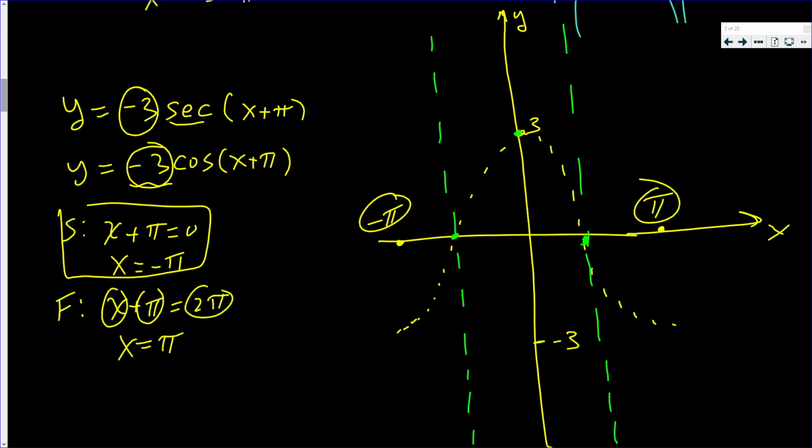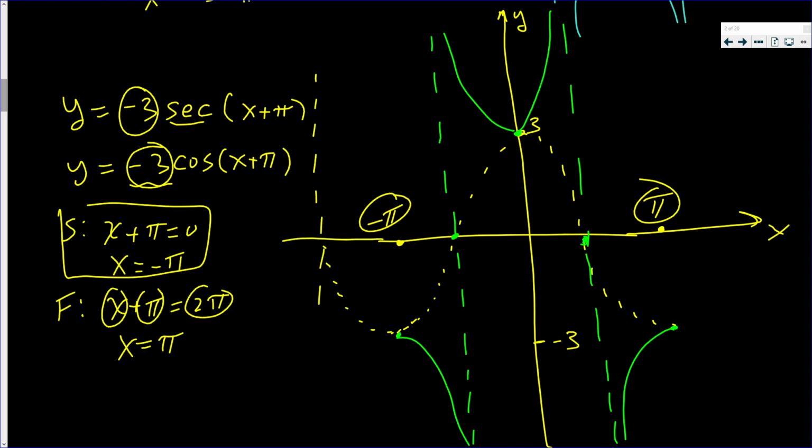This high point goes like this. This low point goes like that. Of course, if we continued this graph, there would have been another vertical asymptote here, and this green piece would have come down. But we're only drawing one period.